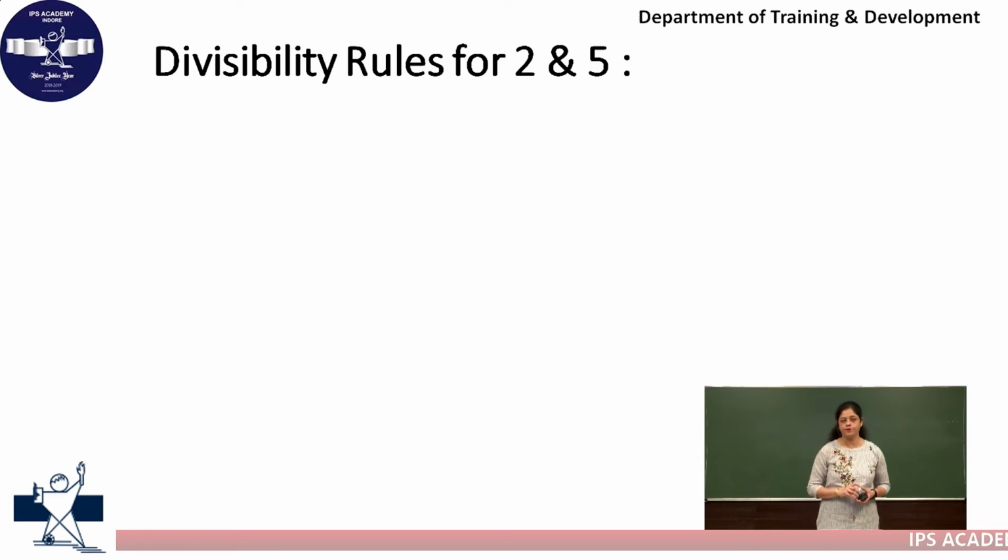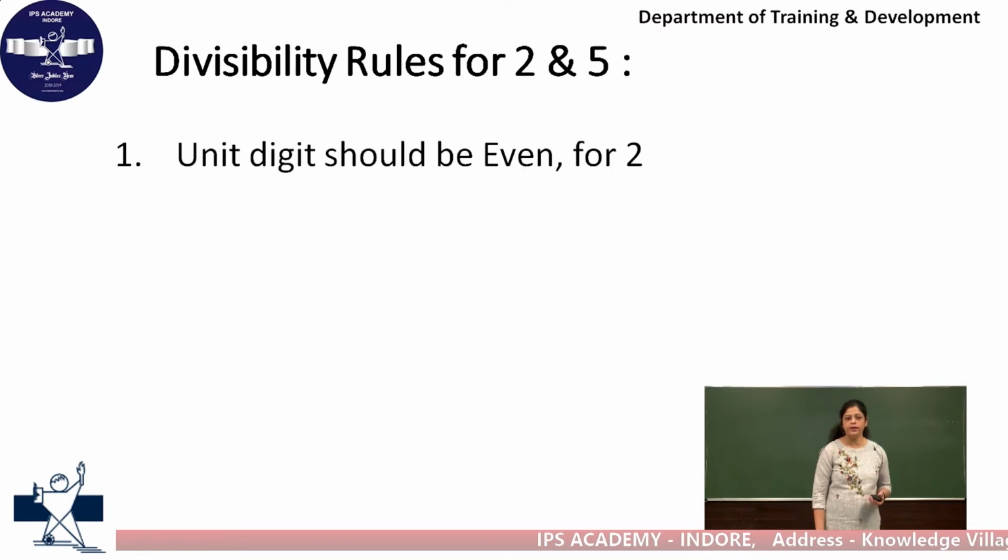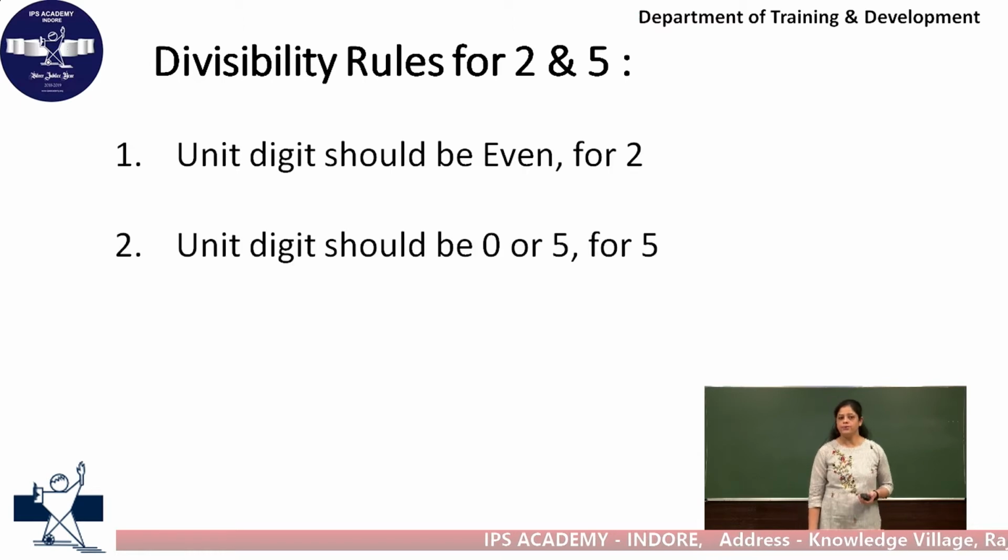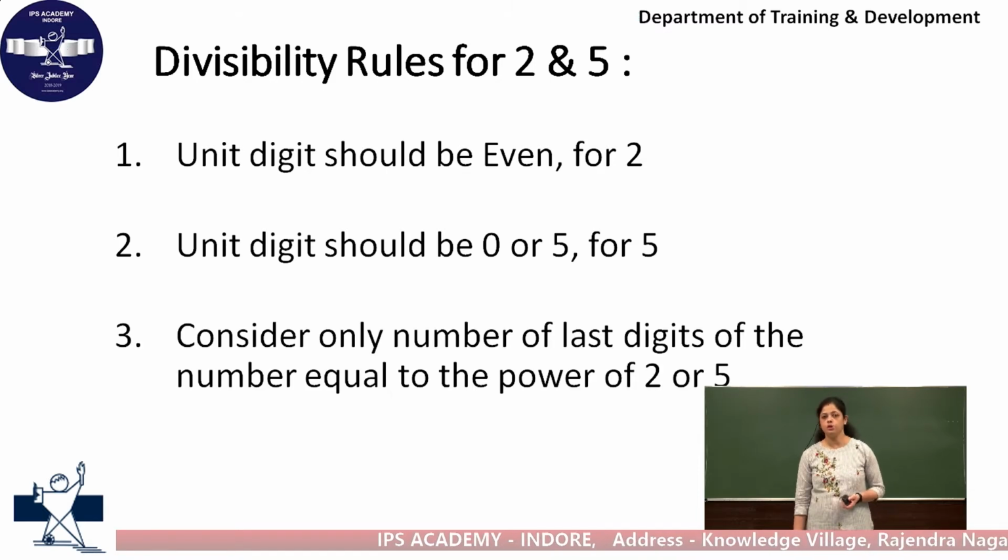So these are the basic concepts for the divisibility rules of 2 and 5. Now we are going to look at the shortcut trick to find if a number is divisible by 2 and 5, right? For 2, as we have seen, the unit digit should be even, and for 5 the unit digit should be 0 or 5.